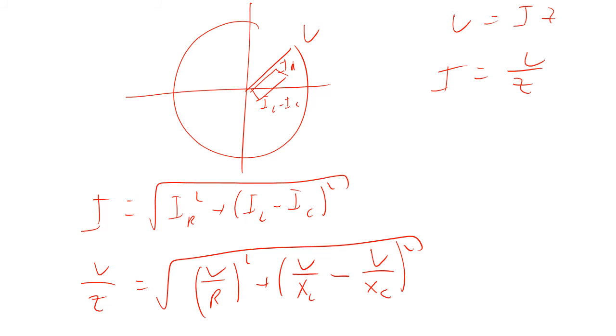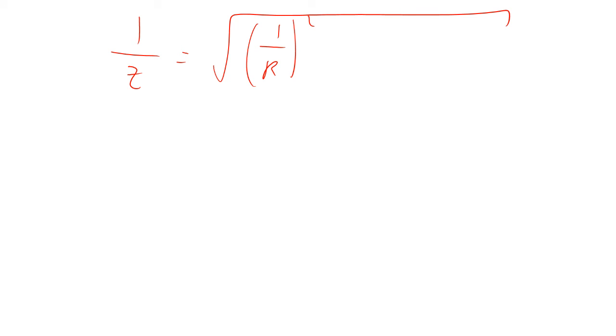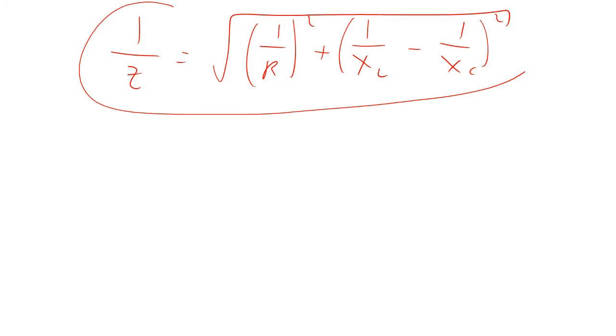So we divide things out. 1 over Z equals the square root of 1 over R squared plus 1 over XL minus 1 over XC squared. And so that would give you an expression for how you would find the impedance for a parallel system.